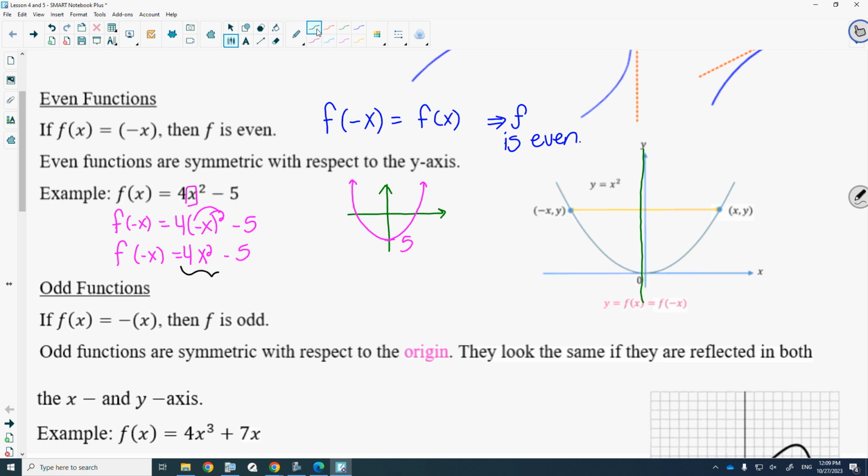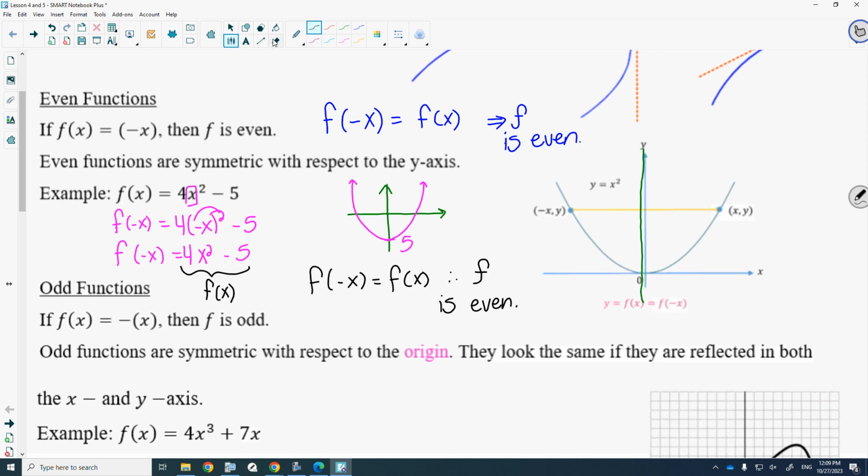When I input negative x, my output is my original function, f of x. So I can say f of negative x is equal to f of x. Therefore, my function given is even. It's going to have even symmetry about the y-axis.